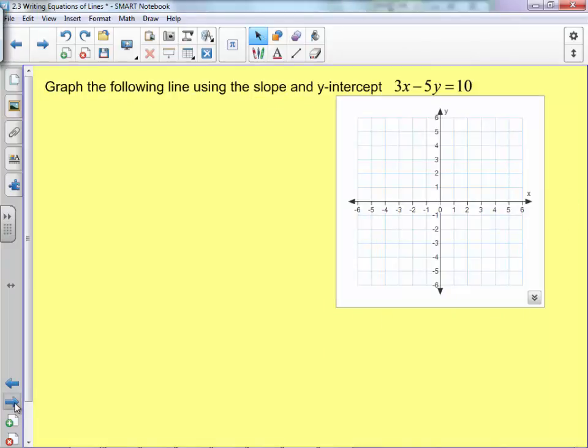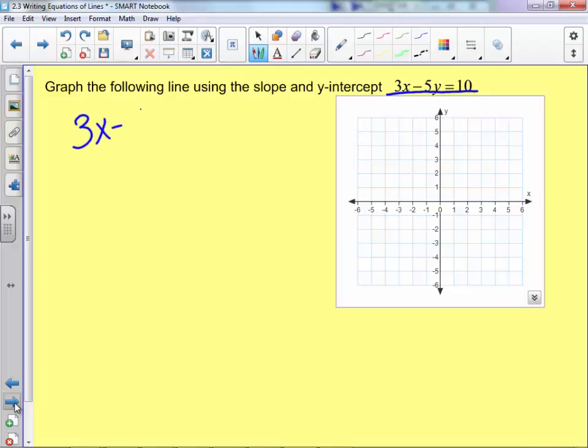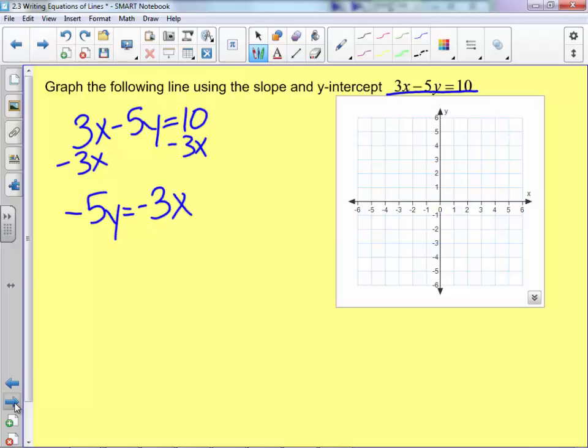So now we're going to actually use this to graph a line. So starting with our equation, we have to first get this into slope-intercept form. So once again, that means we have to get our y by itself. So let's subtract over our 3x. And I'm going to write this 3x first, because if you remember, we need it to be y equals mx plus b.